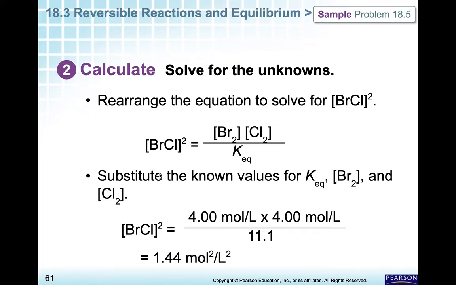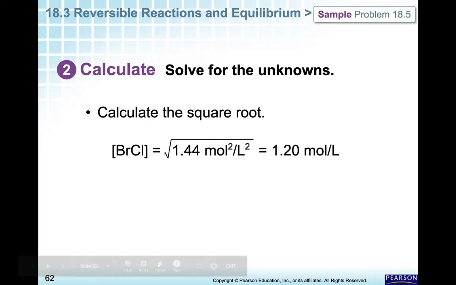And then to get a final value, we need to take the square root of both sides to get rid of that squared term. And so we've got a final answer: the concentration of our reactant at equilibrium is 1.2 moles per liter.